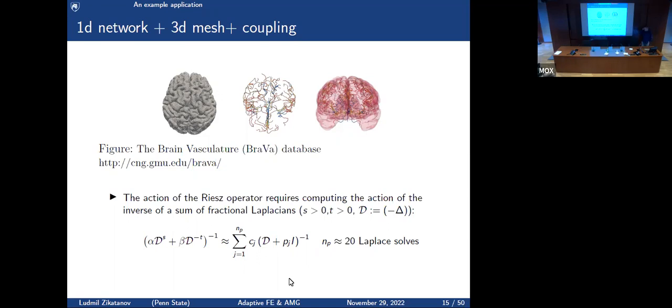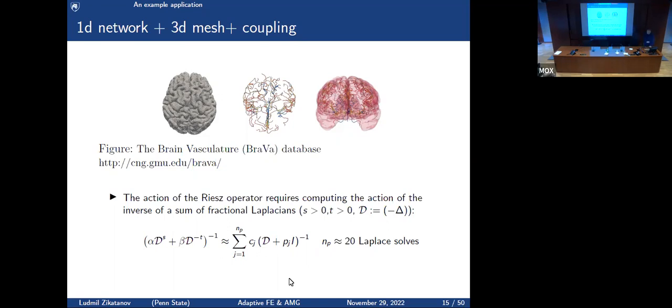If you want to approximate this, think about this as a function of x to the s plus beta x to the negative t. If you want to approximate this function by a rational function to machine precision, for the ones that I have tried, you usually need between 20 and 30 poles. If you want to use it for preconditioning, you can, I think, get away with 5 or 6 at least, because then you don't need machine accuracy. Okay.